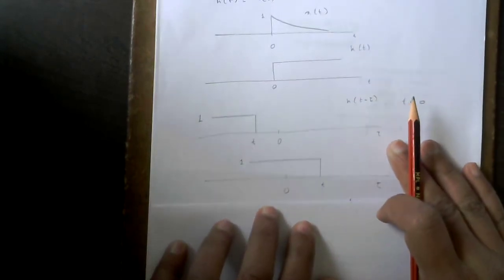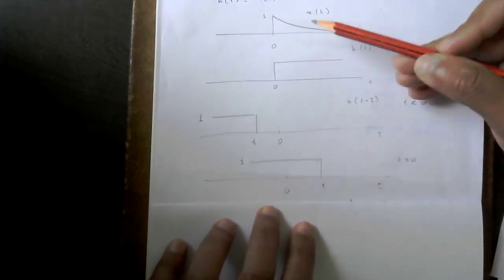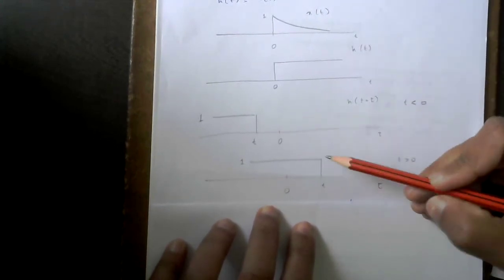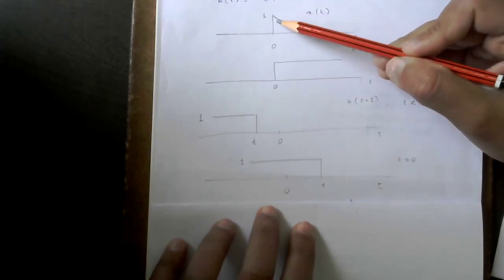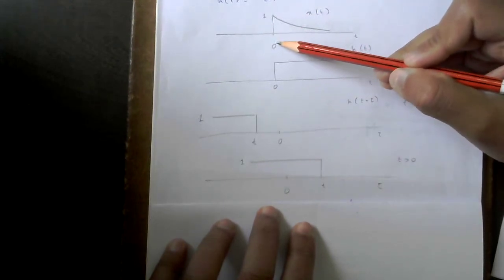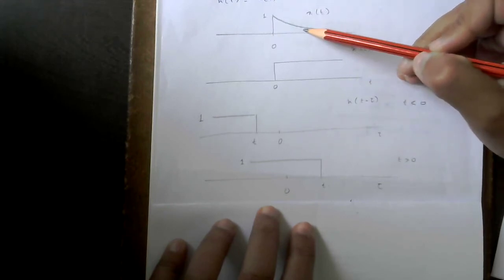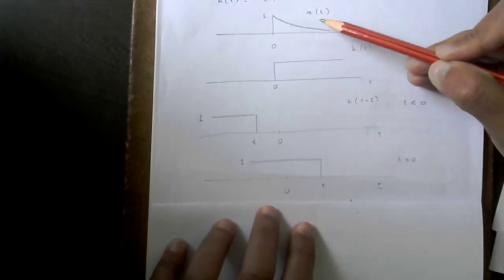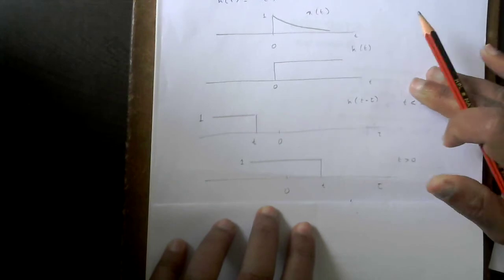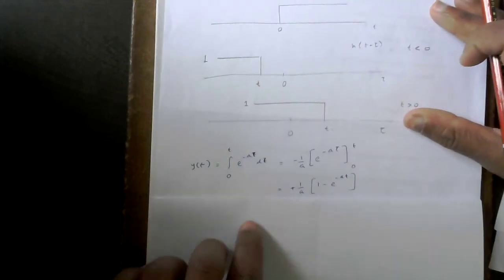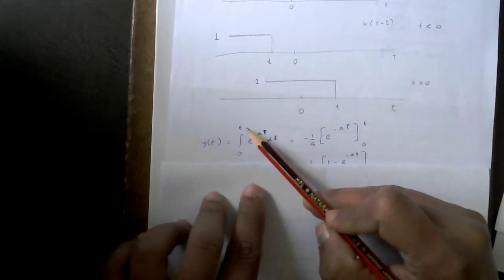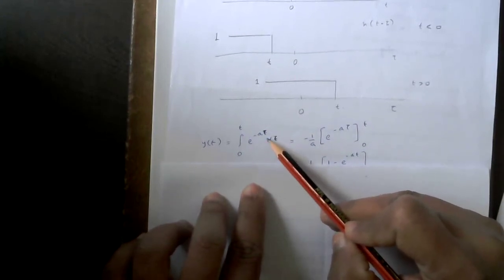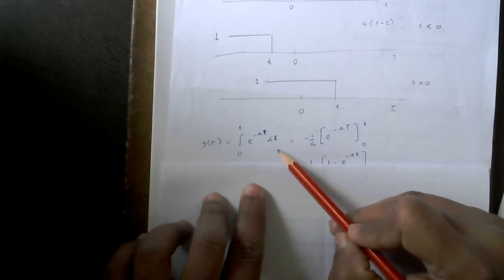So when you multiply, for a given value of t, the output will be the area under the curve from 0 up to the value of t. Wherever the value of t is, this area is what will become my y of t. So essentially my y of t becomes the integral from 0 to t of e to the minus a tau d tau.